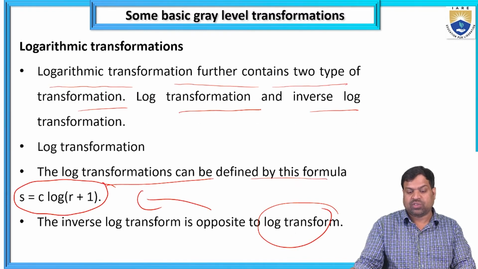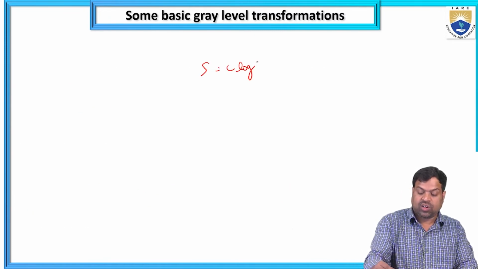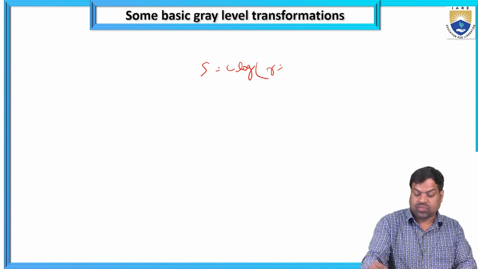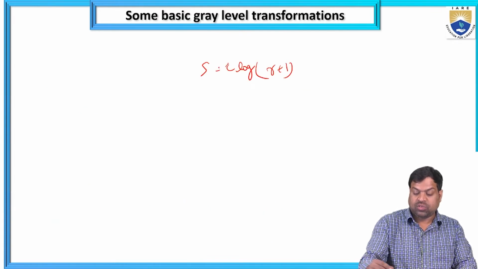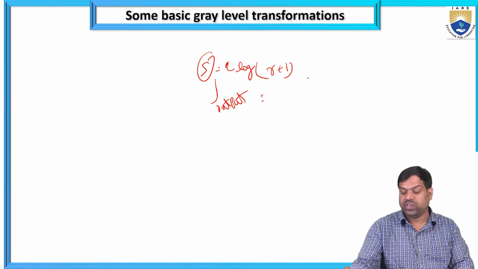So the formula is S equals C log of R plus 1. S is the output. Already we know the C value; log of R plus 1 we will discuss.